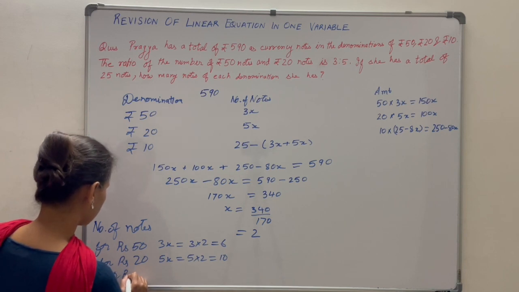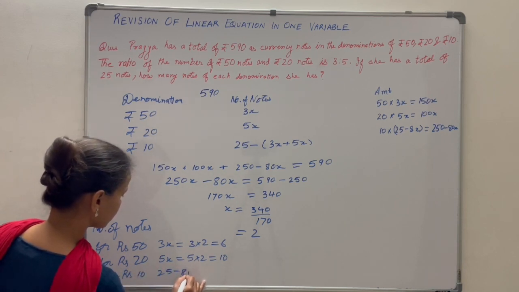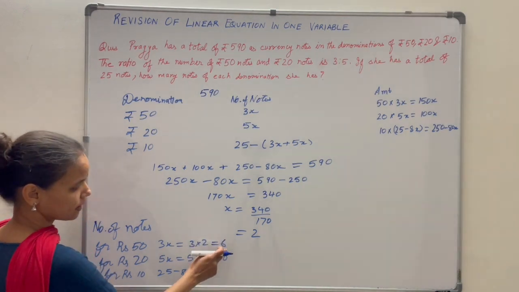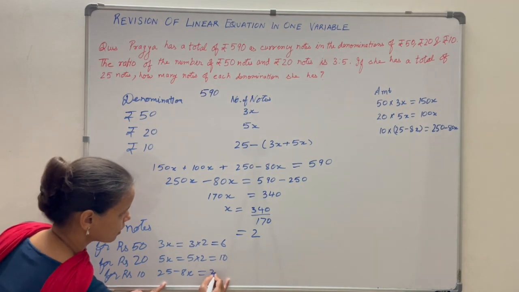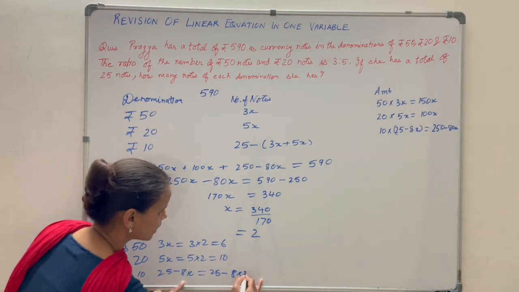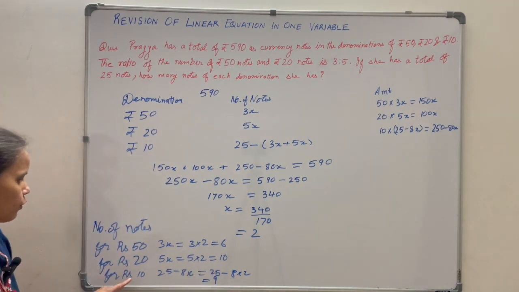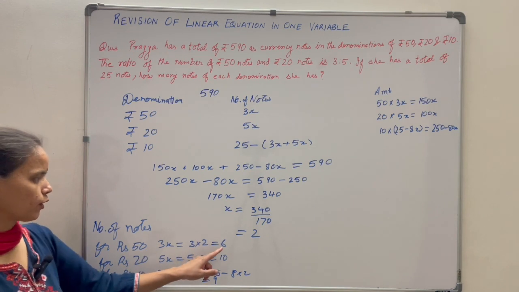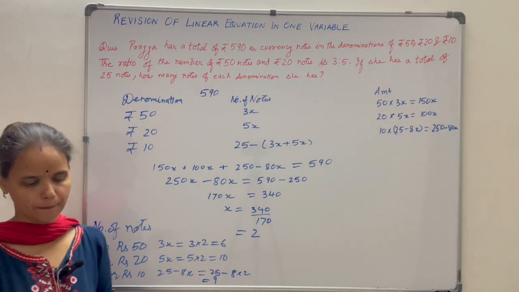For rupees 10, it is 25 minus 8x. You can simply subtract 16 from 25 also and get the same thing. So 25 minus 8 into 2, that is 16, and 25 minus 16 is 9. So for 50 rupees, you have got 6 notes, for 20 rupees 10 notes, and for 10 rupees 9 notes.